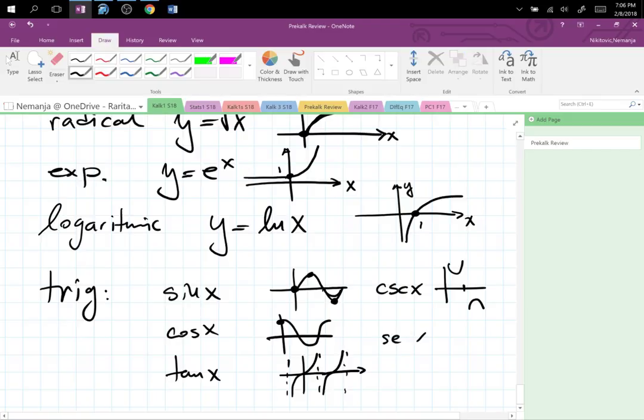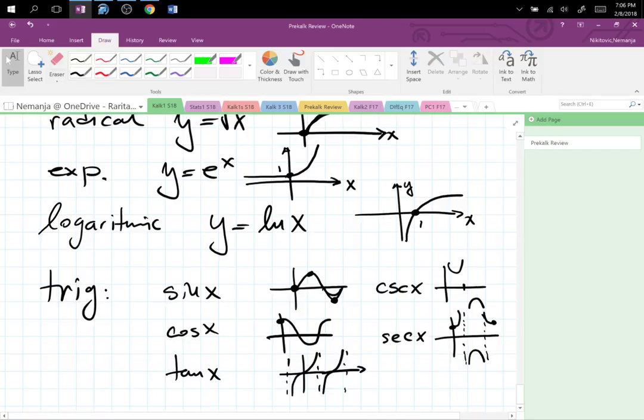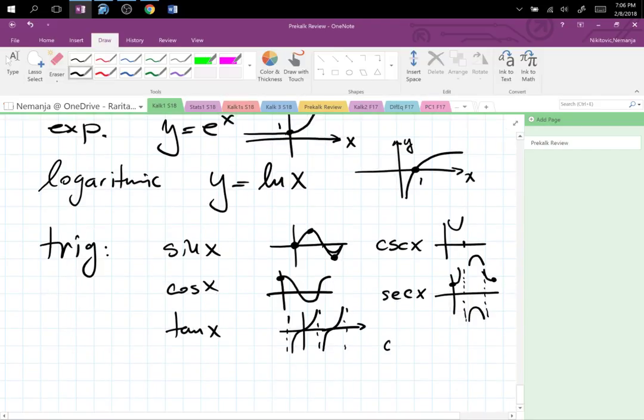Secant x is going to do the same thing with the cosine. So this cup is going this way, this cup is going this way, and then this cup is going this way, with the asymptotes wherever the cosine cut through 0. And finally the cotangent x is going to be this part, 0 to pi.